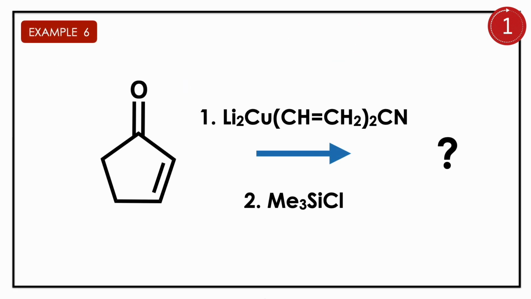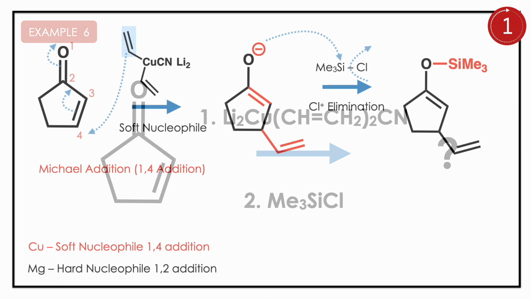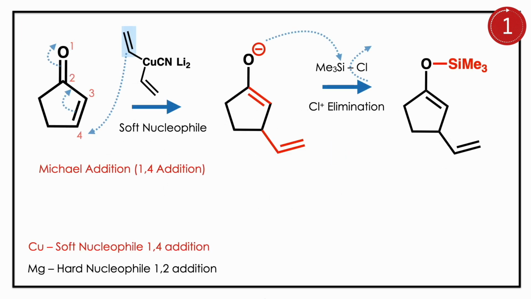Then the next example, you have cyclohexenone reacting with a lithium copper organometallic compound with cyanide and trimethylsilyl chloride. You should find what will be the final product. Since it is a conjugated ketone, you have the possibility of Michael addition.